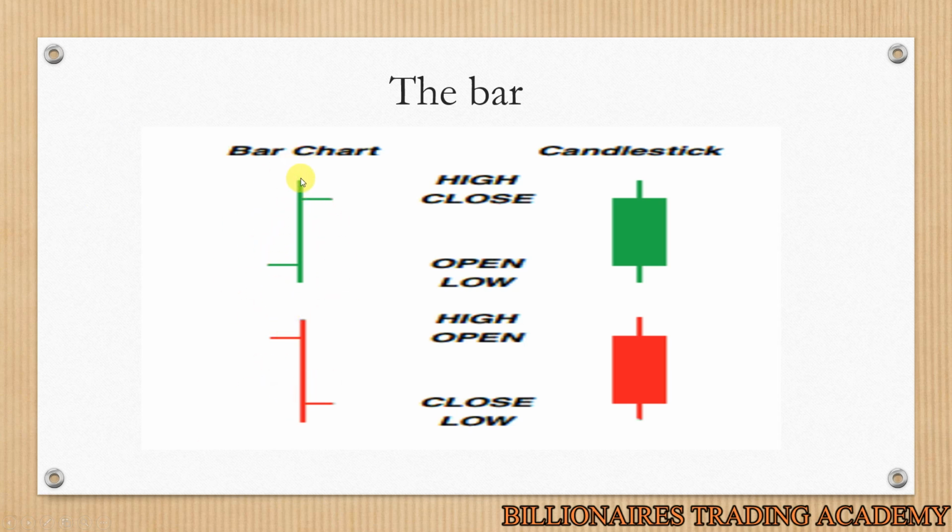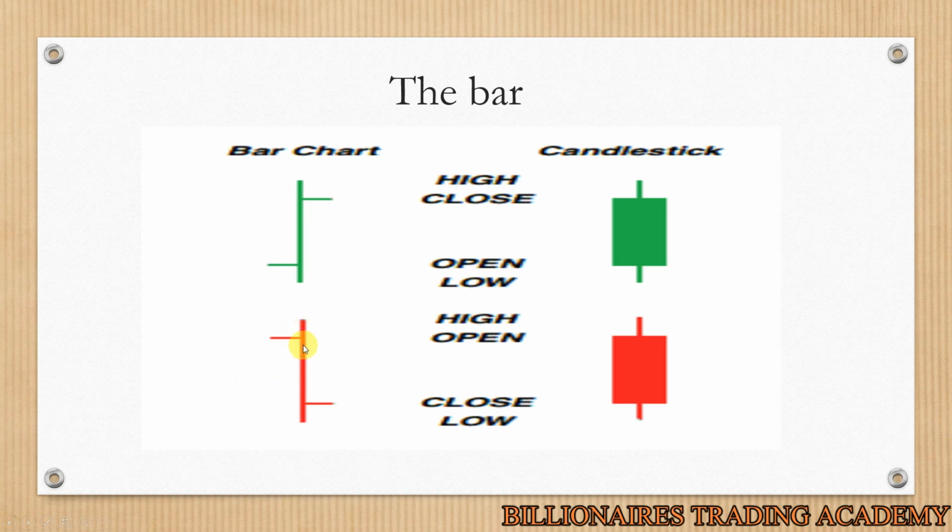It's not chubby, it's skinny, and it has one arm on the left and one arm on the right. The arm on the right shows you the closing price, and the one on the left shows you the opening price. So if price opened at a particular point, this is what the figure shows, and however it moved, at the end of it all it closes, so it shows you the closing price.